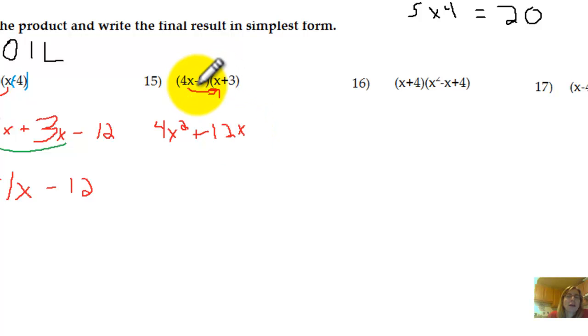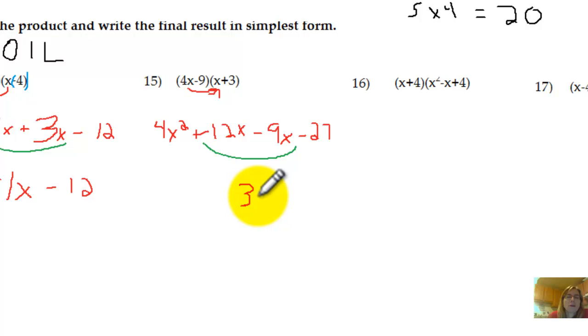Then we do negative 9 times the positive x, which is minus 9x. Then negative 9 times the positive 3, which is minus 27. Again, the middle terms are the only ones that can be combined. Plus 12 minus 9, which is 3. So we will have 3x in the middle.